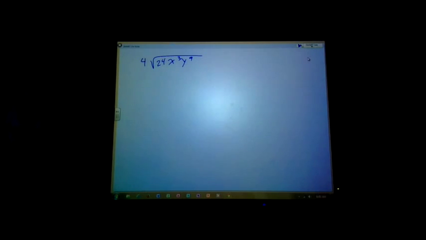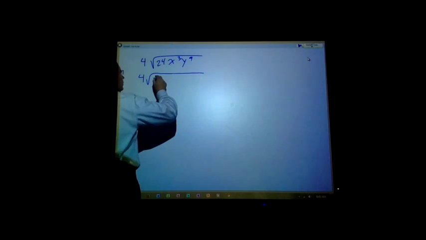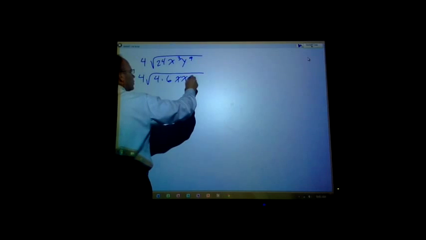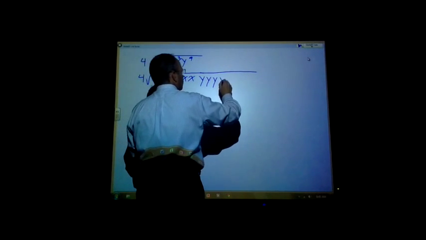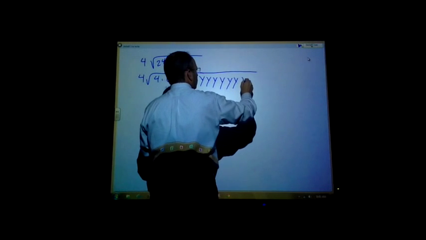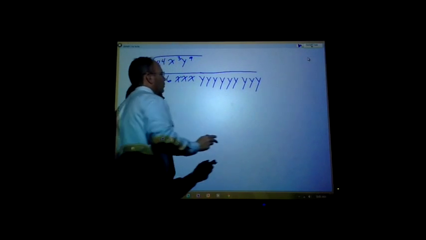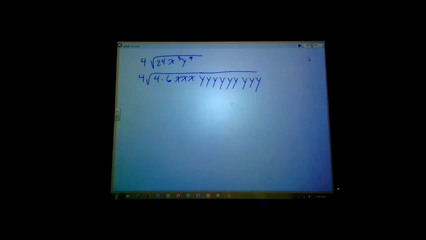So let's see if we can figure this out. Okay, so I'm writing it all the way out. Is there a number up there that's a perfect square? It's the 4, right? Square root of that is what? 2. What happens to that in this? That becomes 8. Still with me?